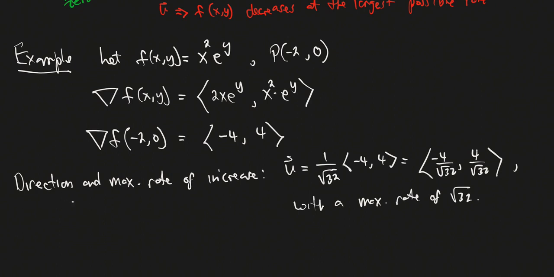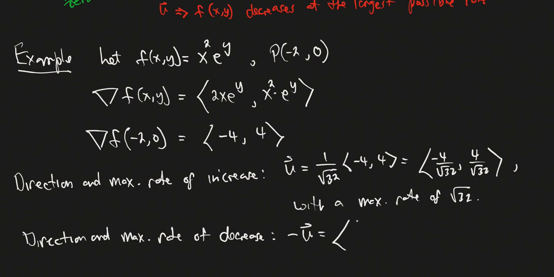If I wanted the direction and maximum rate of decrease, so like going down at the fastest rate, then I would just have to go in the direction that's opposite to this. So I would use the negative of u.